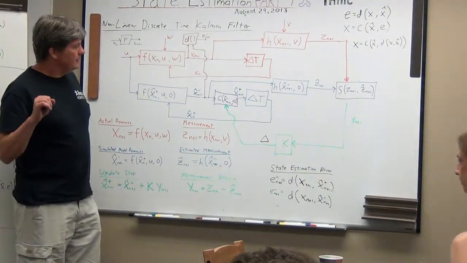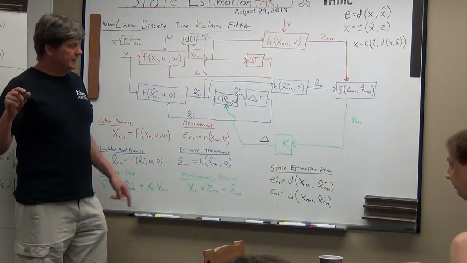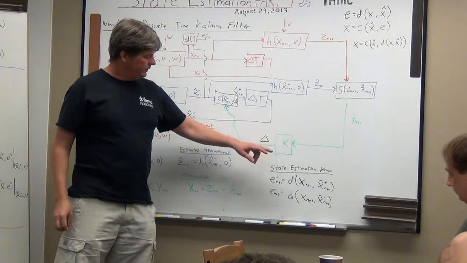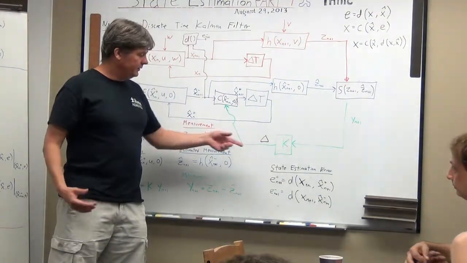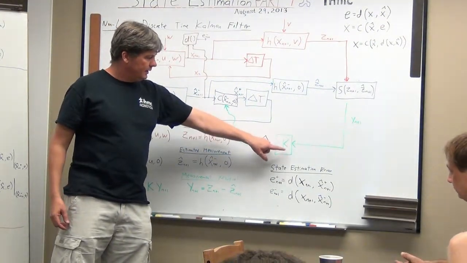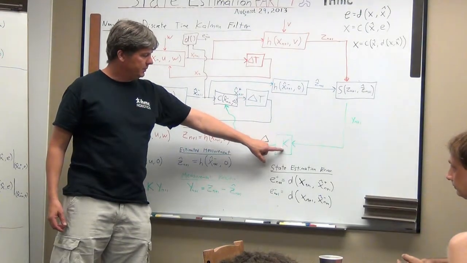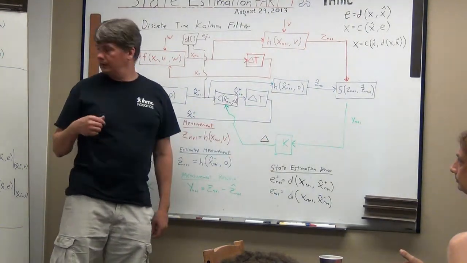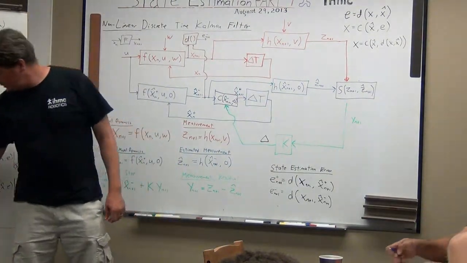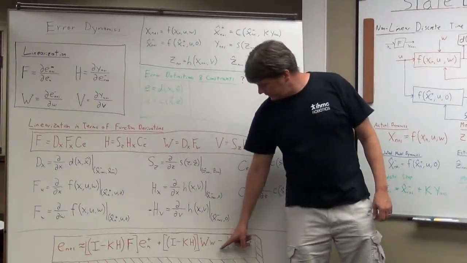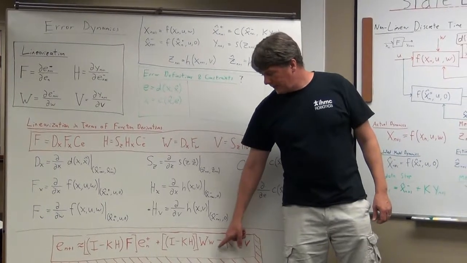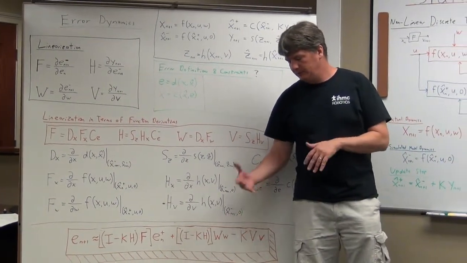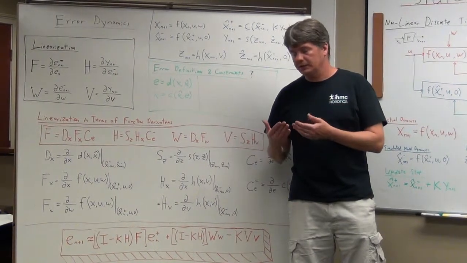Okay. So that's the Kalman filter method of doing it. The second way of doing it, when you look at it as actually being a filter and a dynamic system, is picking this K to place the poles of the system, using the error dynamics. And this is going to be exact for small deltas again.